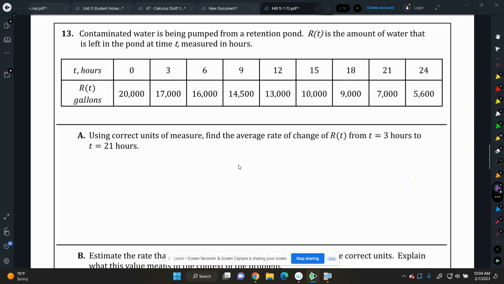This is a very common type of free response question. It's going to step you through the problem, right? In the beginning of the problem, we know how to do this. How do you find the average rate of change of R of t?